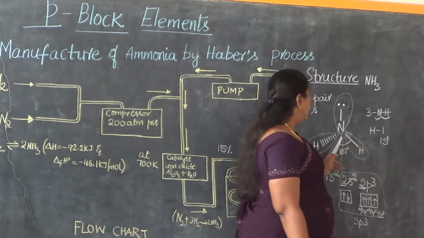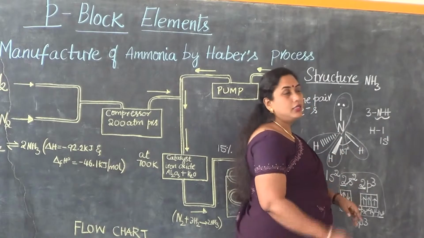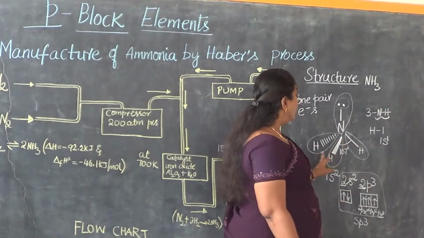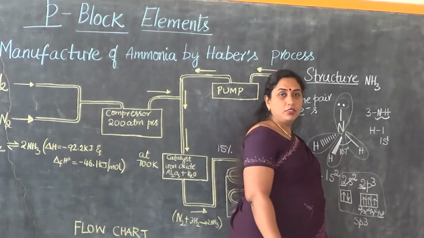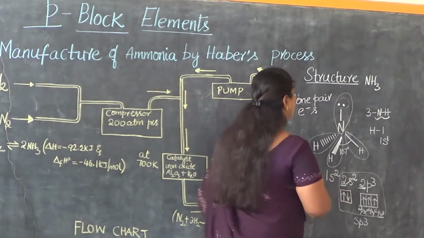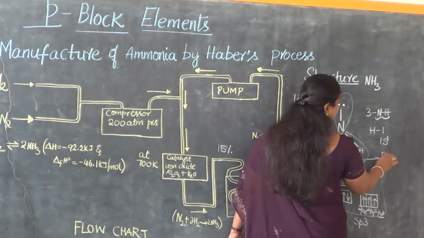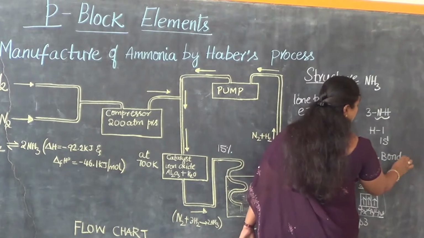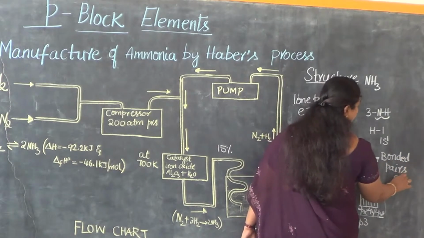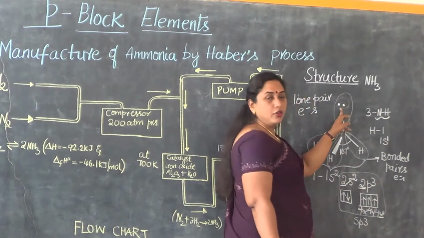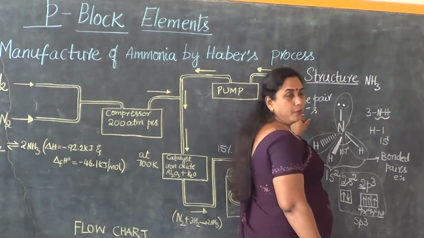Now that's what has happened here. These three sp3 hybrid orbitals of nitrogen have undergone head-on overlapping with hydrogen, resulting in the formation of 3 sigma bonds. Now we see the presence of these 3 bonded pairs of electrons, and this pair of electrons which has not participated in bond formation, which we call a lone pair.